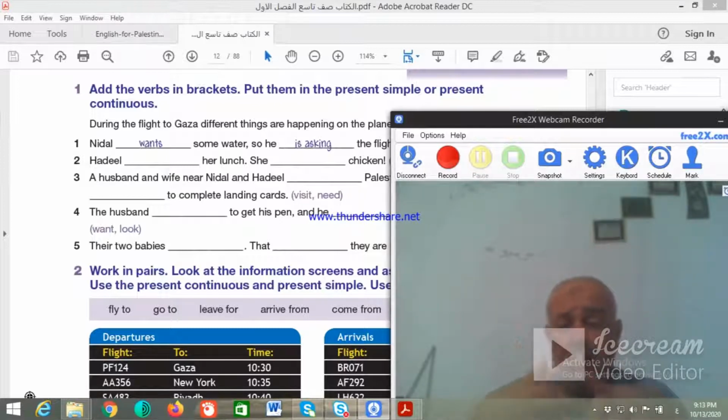The first one is the verb with s, with he, she, it, and with the other pronouns, the verb without anything. The second, present continuous, structures with is, am, are, verb, and ing.